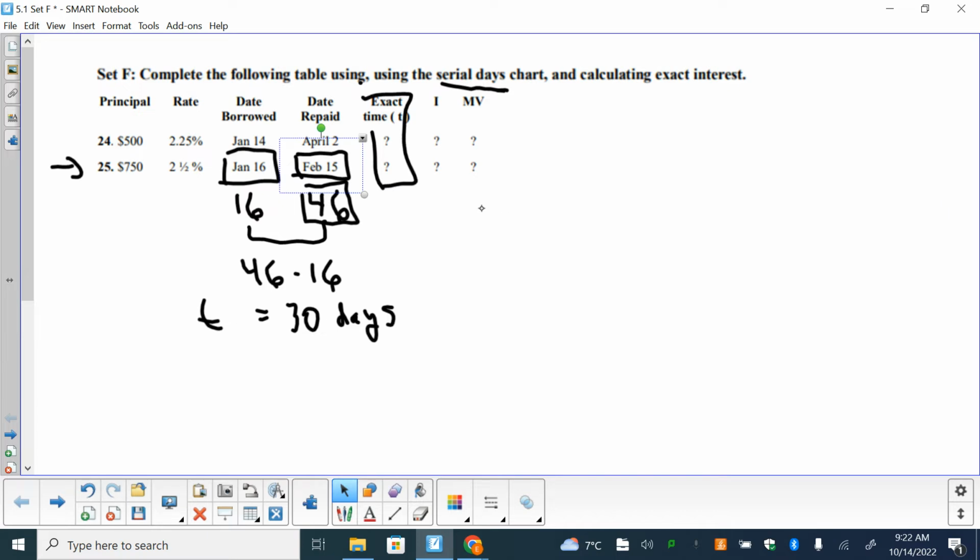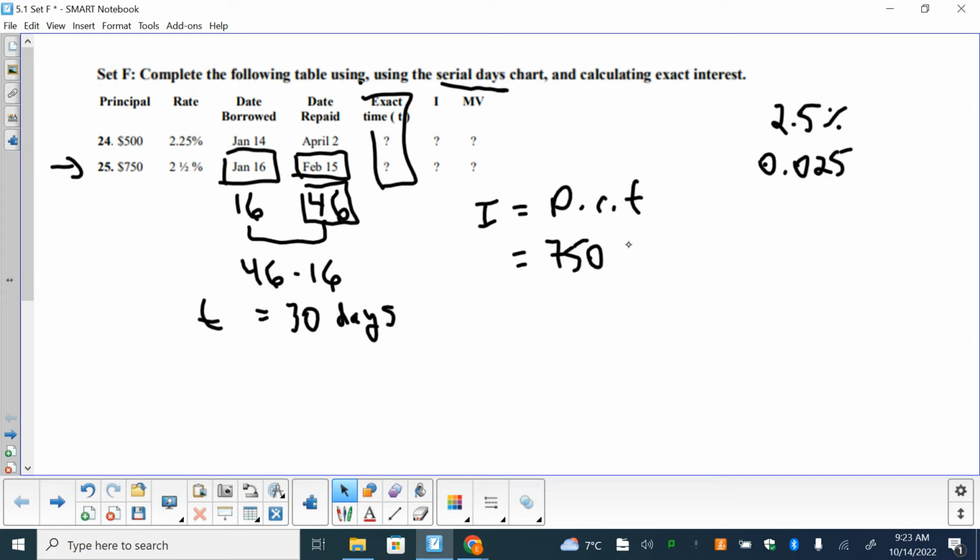Now I'm going to calculate I. I is your principal times rate times time. Principal is $750. Rate is 2.5%. Change that to a decimal, 0.025. That's what I have to use.